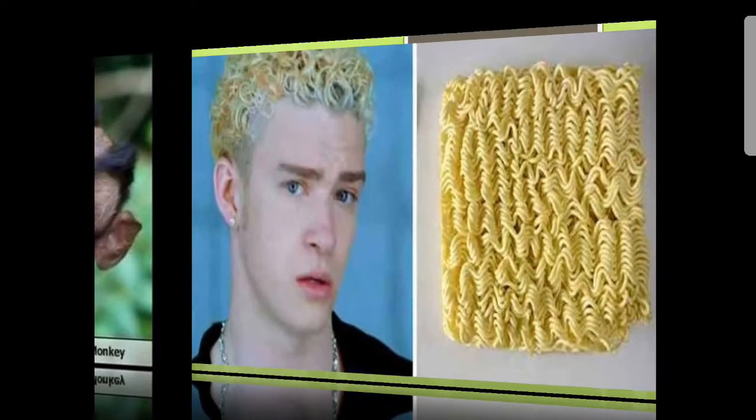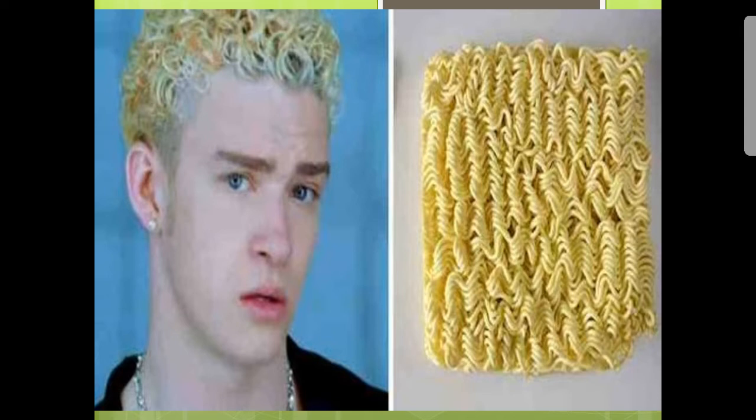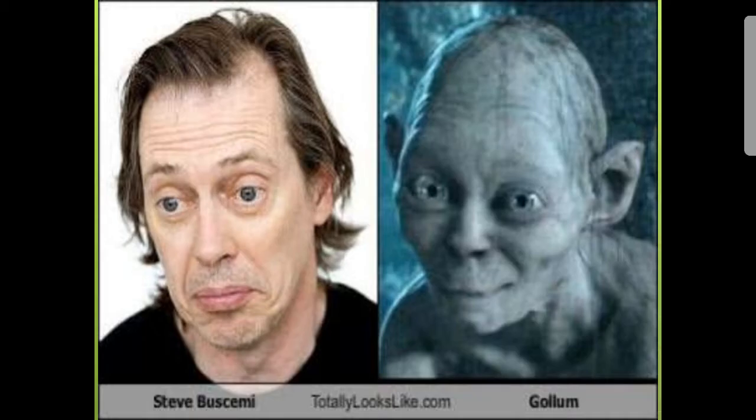Next. How about this one? The color of the hair is almost the same, the man's hair or a boy's hair. Next. The eyes.